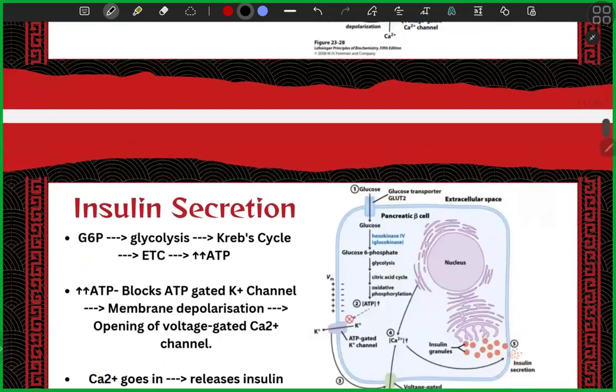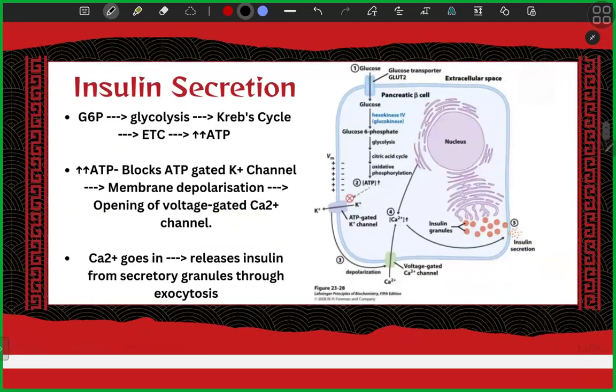All right. After this happens, the glucose 6 phosphate undergoes glycolysis. Then it goes through the Krebs cycle, or the citric acid cycle, and then through the electron transport chain. This is the whole process of forming ATP, and this keeps happening, so you have increased ATP. Eventually this ATP blocks the ATP-gated potassium channels.